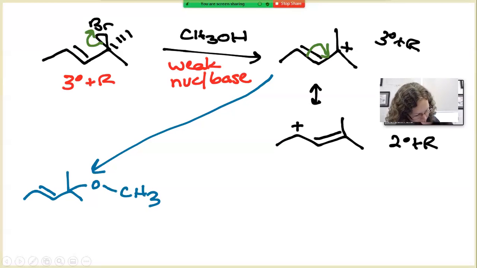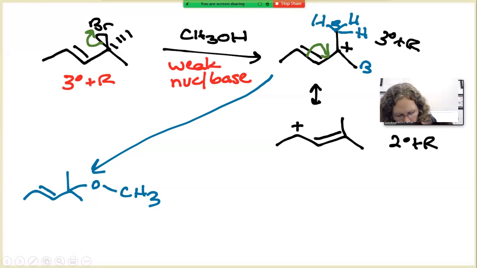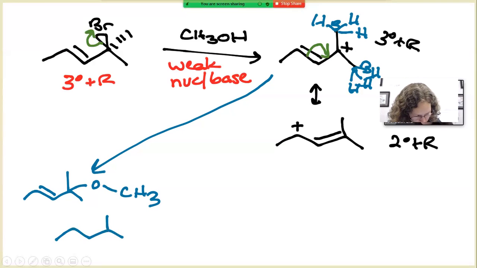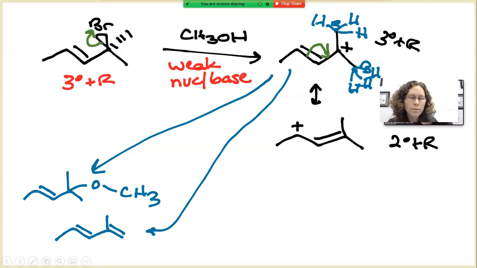The second product is the elimination product. There are 2 beta carbons on this original carbocation, and each of them has 3 hydrogens. It doesn't matter which of these beta hydrogens we take, we'll make the exact same alkene. We can make this diene as one of our possible products. So we have 2 products from the first carbocation.